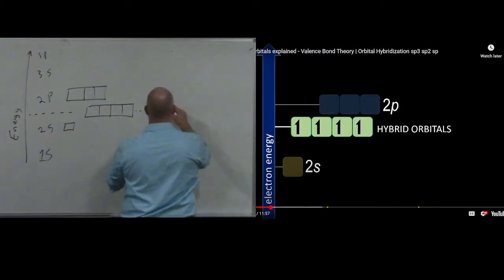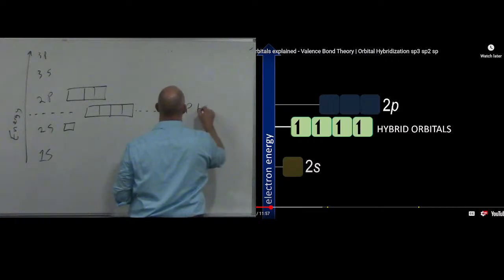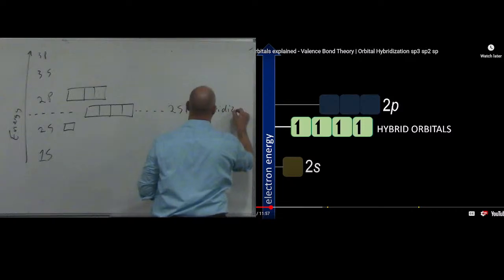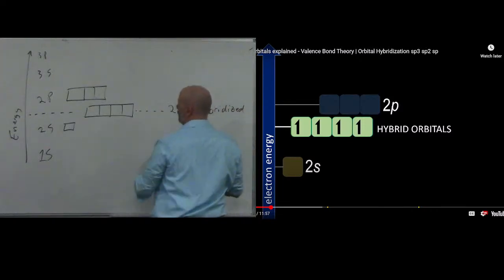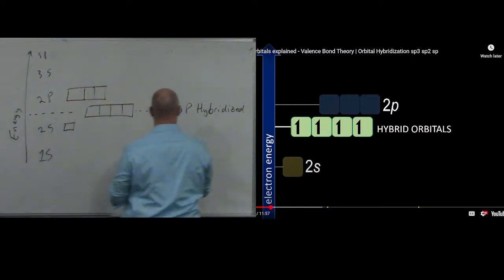And this is called the 2sp hybridized level, okay? Or hybrid orbitals.